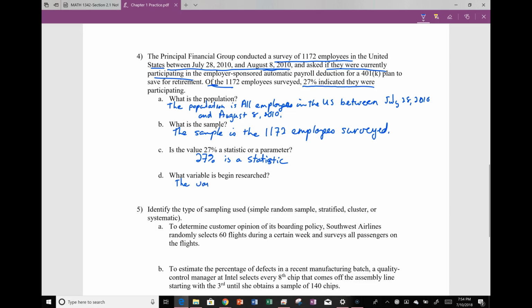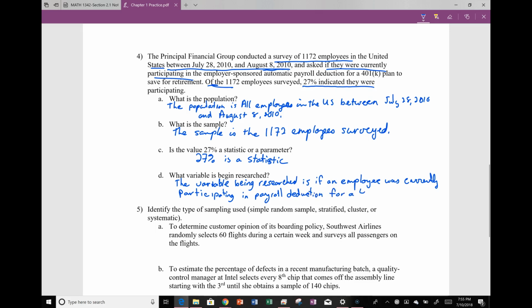So the variable being researched is if an employee was currently participating in payroll deduction for a 401k.